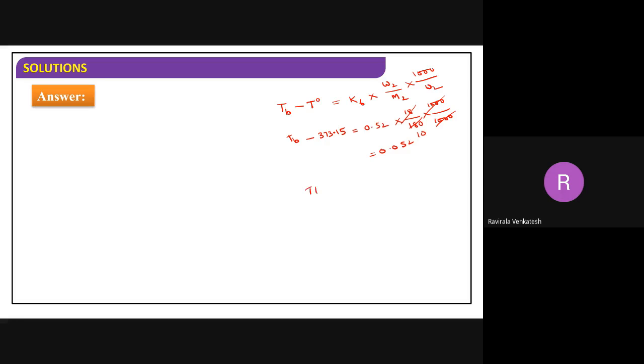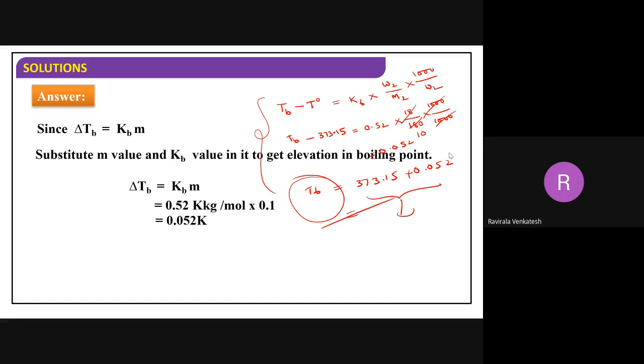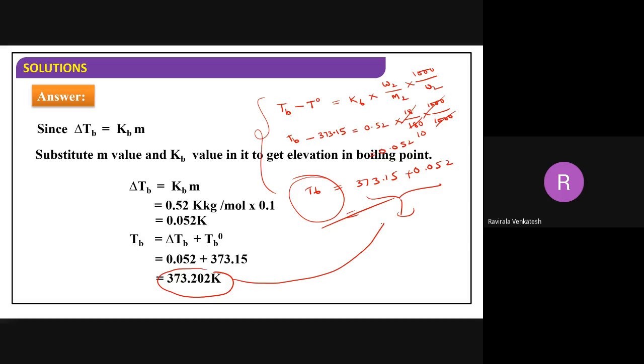Now TB is equal to 373.15 plus 0.052. Whatever you get will be the answer, the boiling point of the solution. So this is about the elevation of boiling point. You will get something like 373.2.